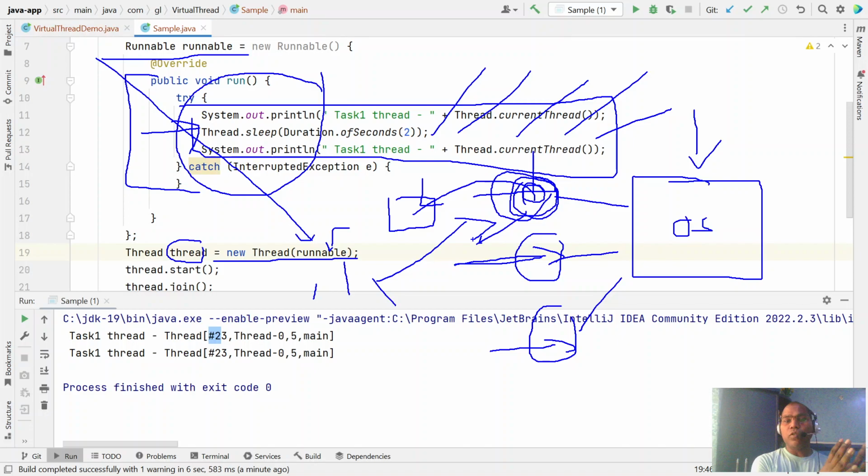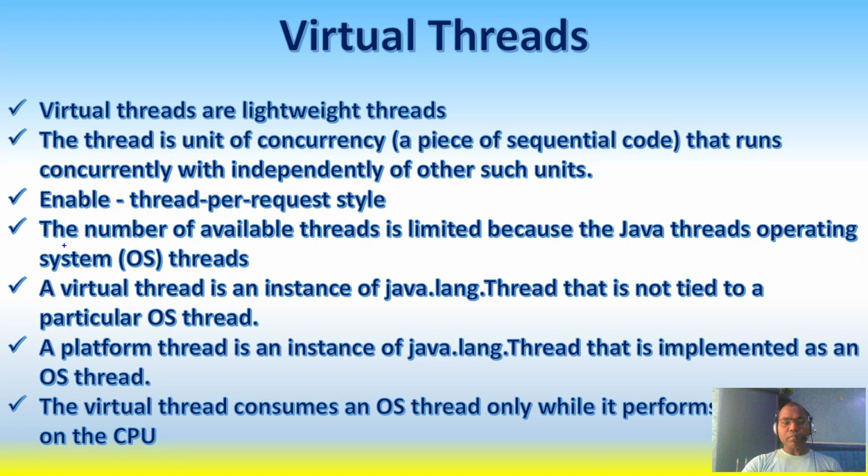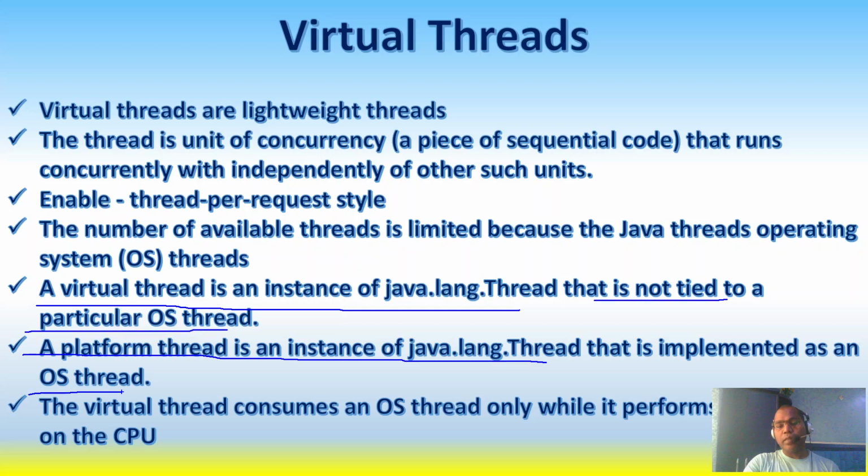So here it is the same thing we are trying to say. Your virtual thread is an instance of Thread, same as previously, but it is not tied to a particular operating system thread. And the platform thread is an instance of Thread that is implemented by an OS thread. So whatever way we are currently creating a thread is also considered a classical thread or a platform thread.